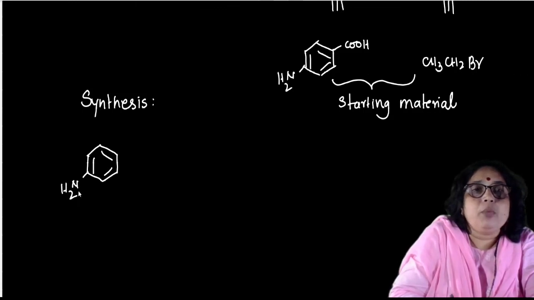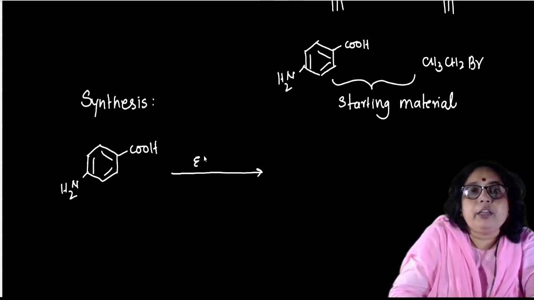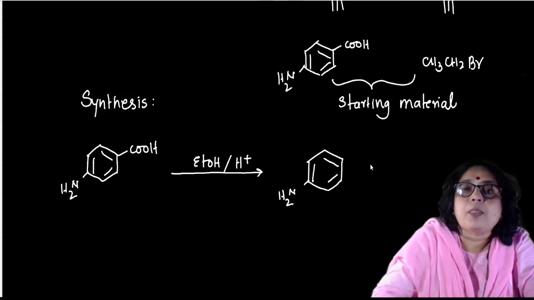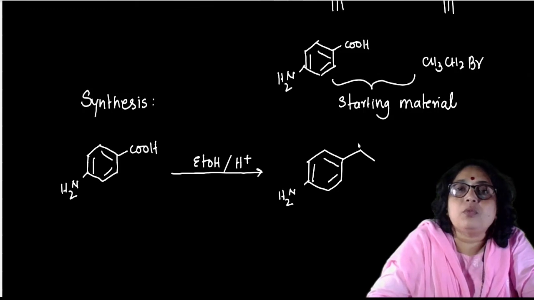So para-aminobenzoic acid here is a starting material, and if I take ethanol with acid, I'll get the formation of the ester.